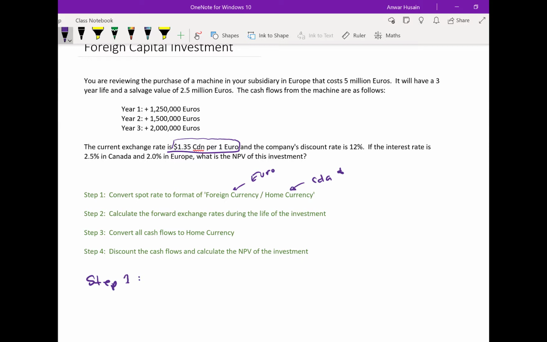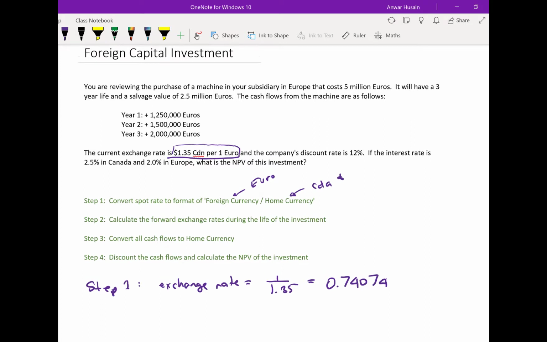Okay, so we would say that the exchange rate is going to be the reciprocal of that. So it's going to be 1 over 1.35. And then that will give us the format that we want. So that works out to 0.74074 euros per $1 Canadian.